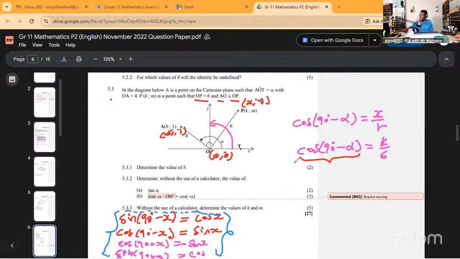This is an interesting question, guys. It's 5 marks. Look at this. Sine of alpha is equal to k over 6. But the goal is to find k. What do I do next?